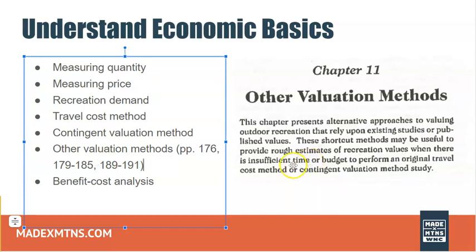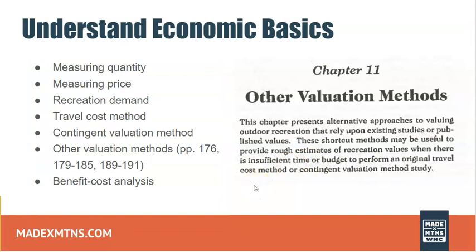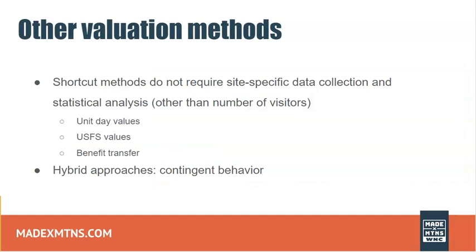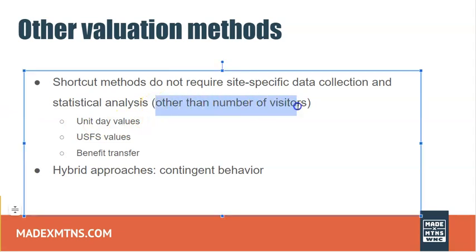Okay, so we'll talk about benefit transfer, which is a shortcut method that doesn't require site-specific data collection, and it doesn't require statistical analysis. Okay, if you have an estimate of the number of visitors, then you can use these methods to estimate the value of a recreation site.